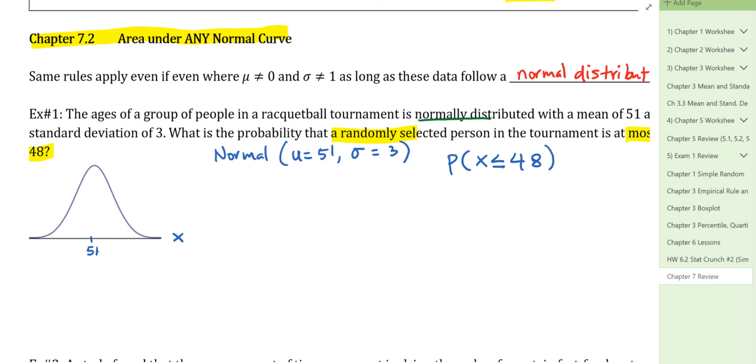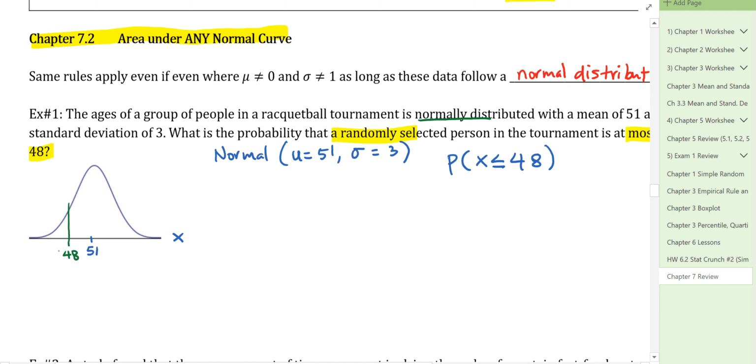So 48 should be to the left of 51. 51 minus 3 is 48, which is one standard deviation below the mean. So 48 is right here.